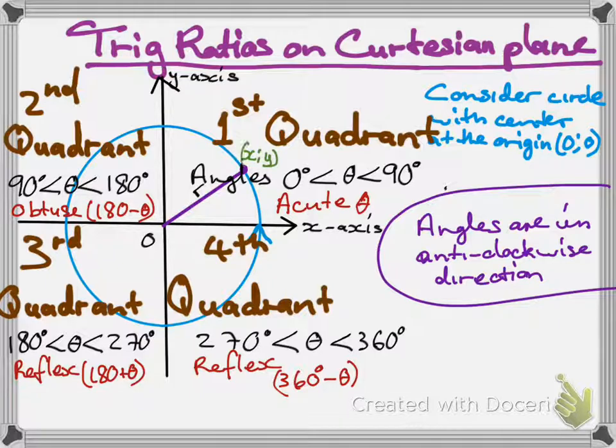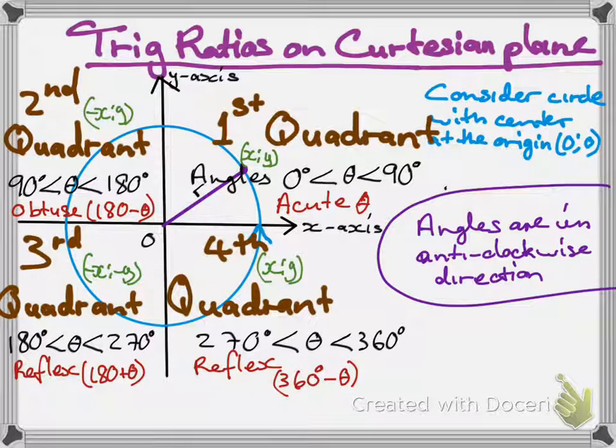In the second quadrant, we know that the x coordinate is negative and the y coordinate is positive. And in the third quadrant, both coordinates are negative. And in the fourth quadrant, the y coordinate is negative.